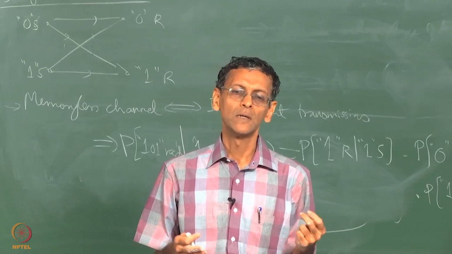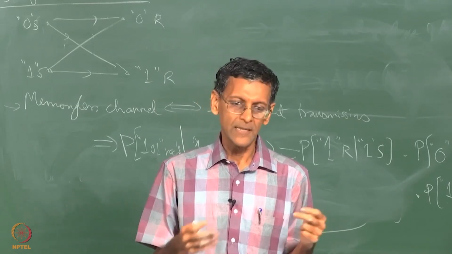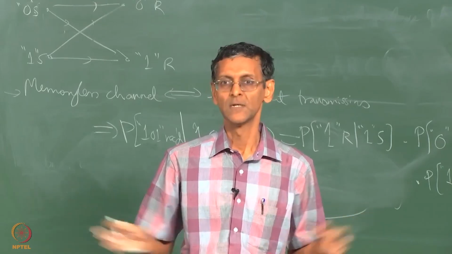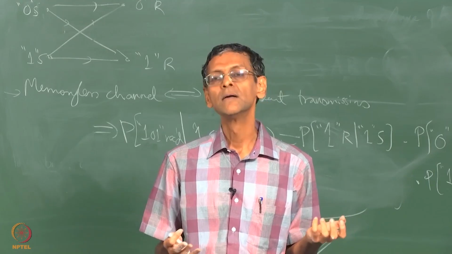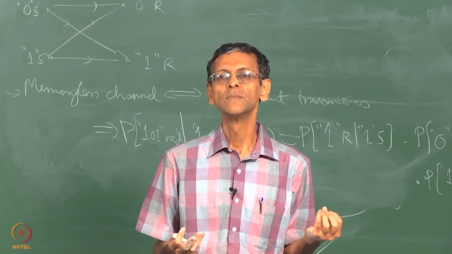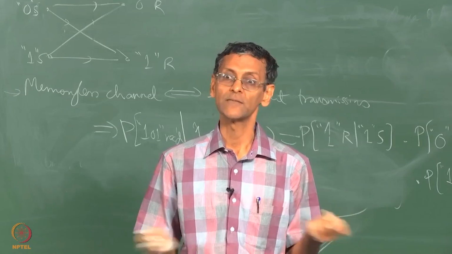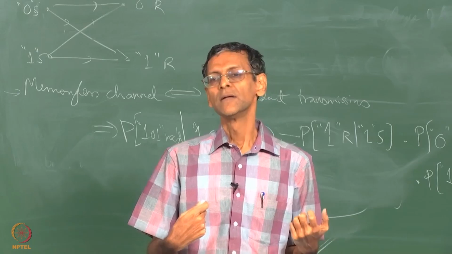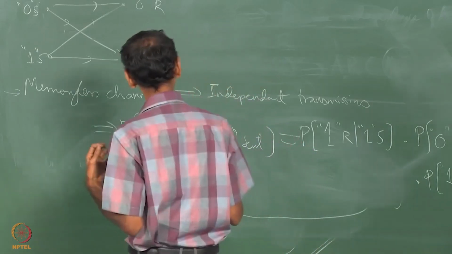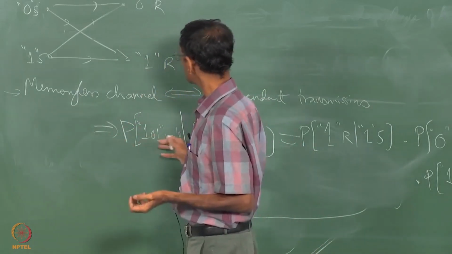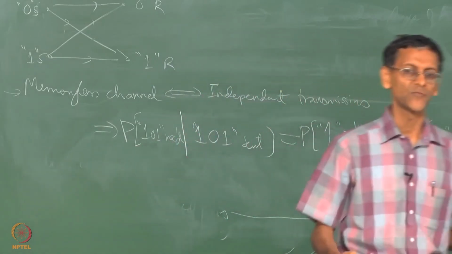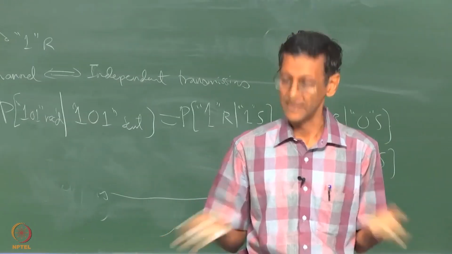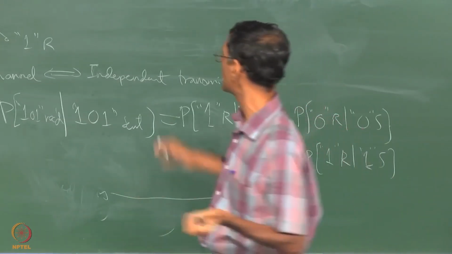Supposing, for example, the same input bit 1 was mapped to the sequence 101, some coding was done. That is a simple example of coding, where you are sending more bits than is actually needed. Then in such cases, clearly, receiving 1, receiving 0 and receiving 1 are not independent events.